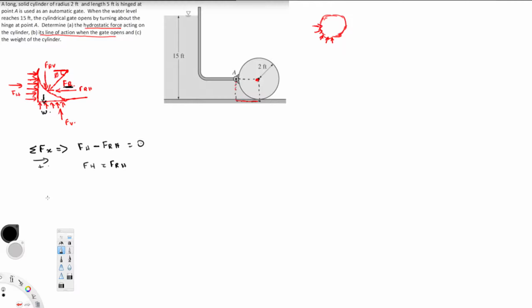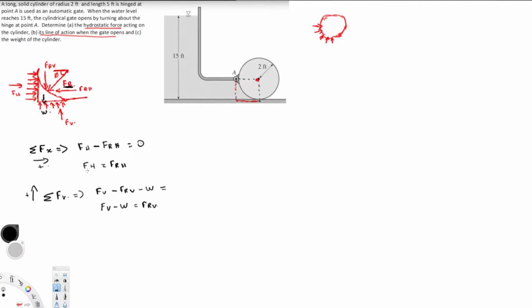And FV. So let's take the vertical forces. If I take the sum of vertical forces, with the upward direction positive, we are going to have FV positive, also FRV negative, and then the weight right here, that's going to be negative W. So FV minus W is equal to FRV.